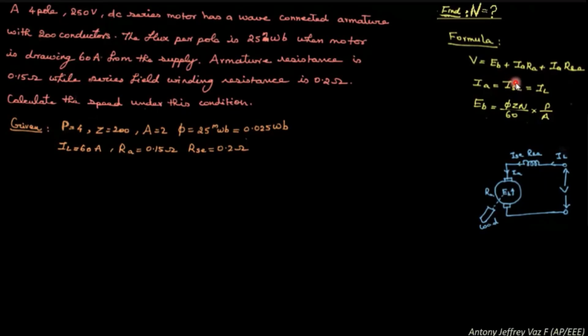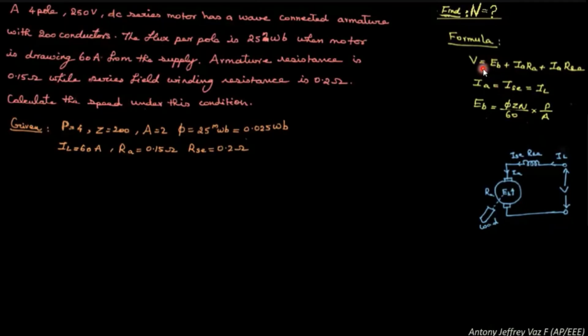So the formulas required are V is equal to EB plus IARA plus IARSE. Then IA is equal to ISE equal to IL, because the current flowing through the series motor is the same. The current flowing through the series resistance RSE is the same as through RA.